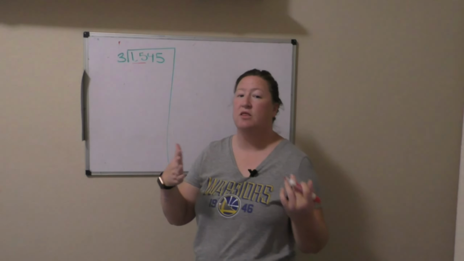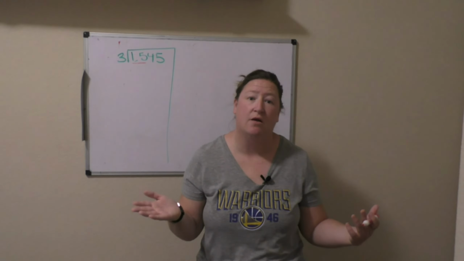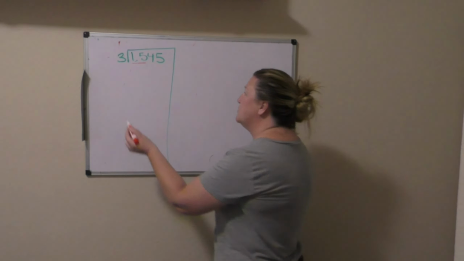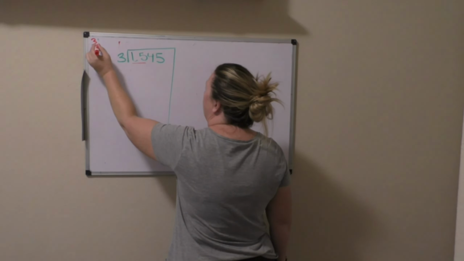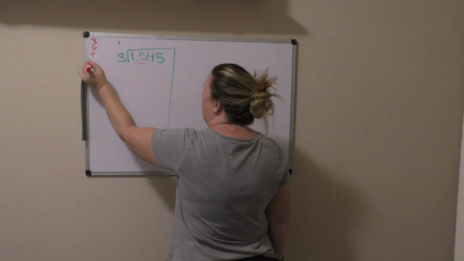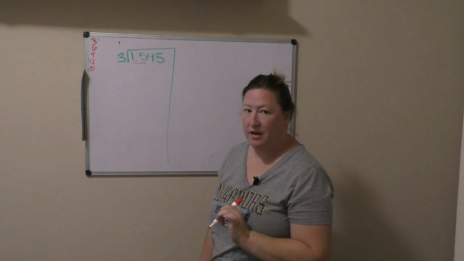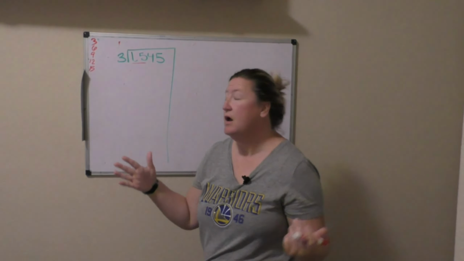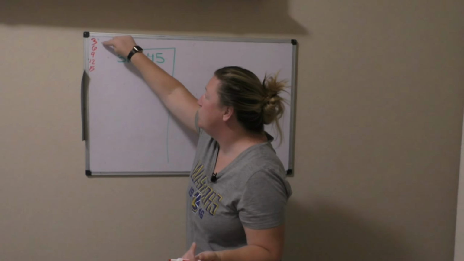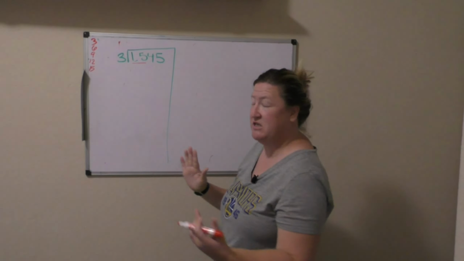So we're going to count by 3s to get as close to 15 as we can without going over. So I'm just going to count by 3s. 3, 6, 9, 12, 15. We are in luck. 3 hits 15 equally.